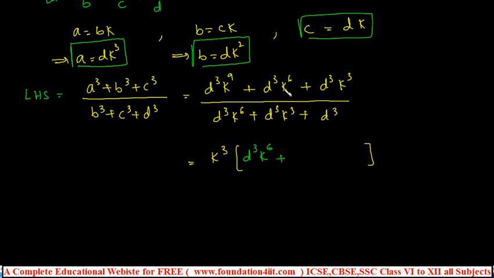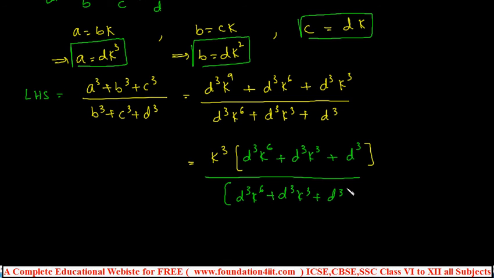Plus K cube is common, so D cube and one more K cube left. Plus D cube as it is, because K cube is common. Divided by, again, the denominator is D cube K power 6 plus D cube K cube plus D cube. Once you observe this, within the bracket it is the same, so you can cancel this part. That is equal to K cube.